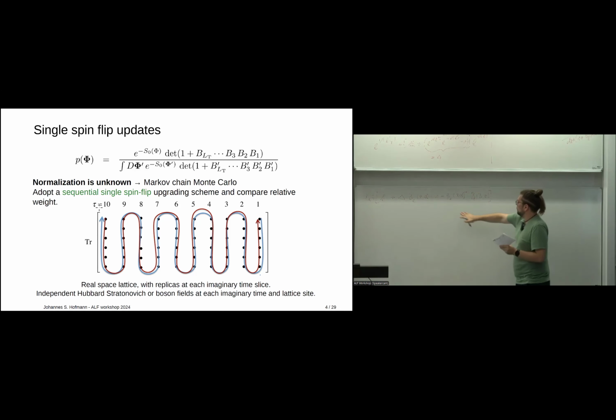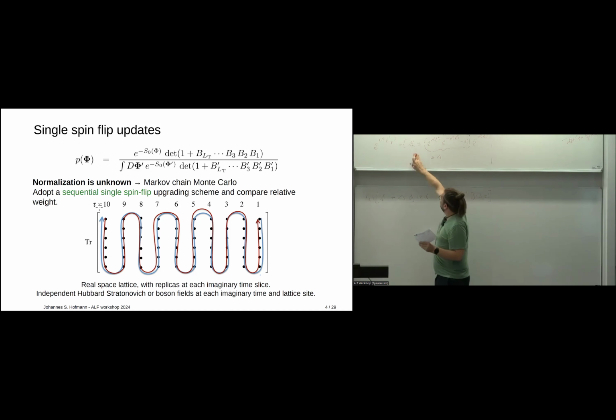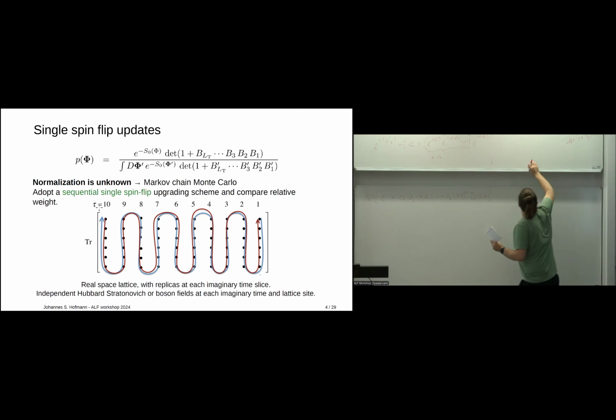And this 1 plus B inverse is essentially the determinant that I'm dividing by, and then otherwise I have used the cyclicity of this trace and eliminated this, because the factor with the one that I have here is precisely canceled by this term.